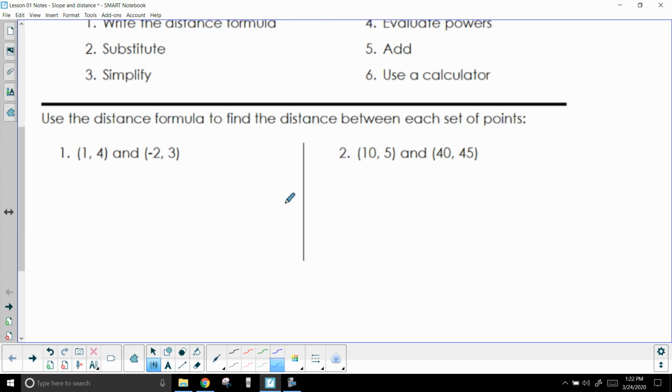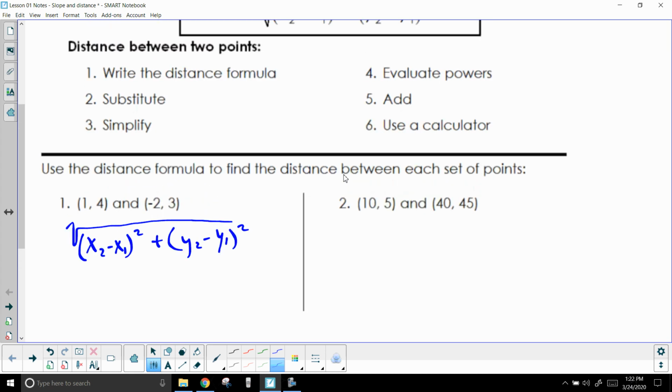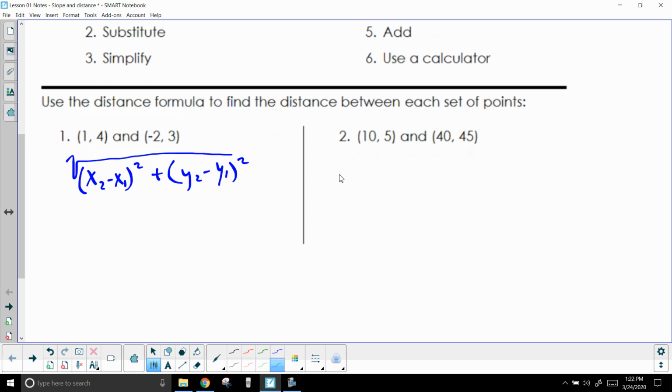So, following the steps, let's write down our distance formula. Just like that. And yep, copied it correctly.